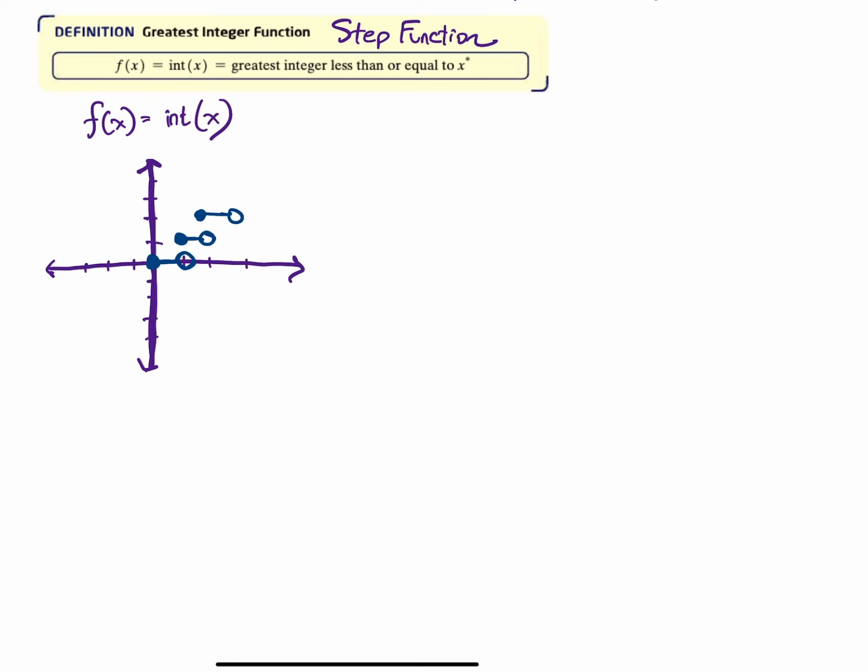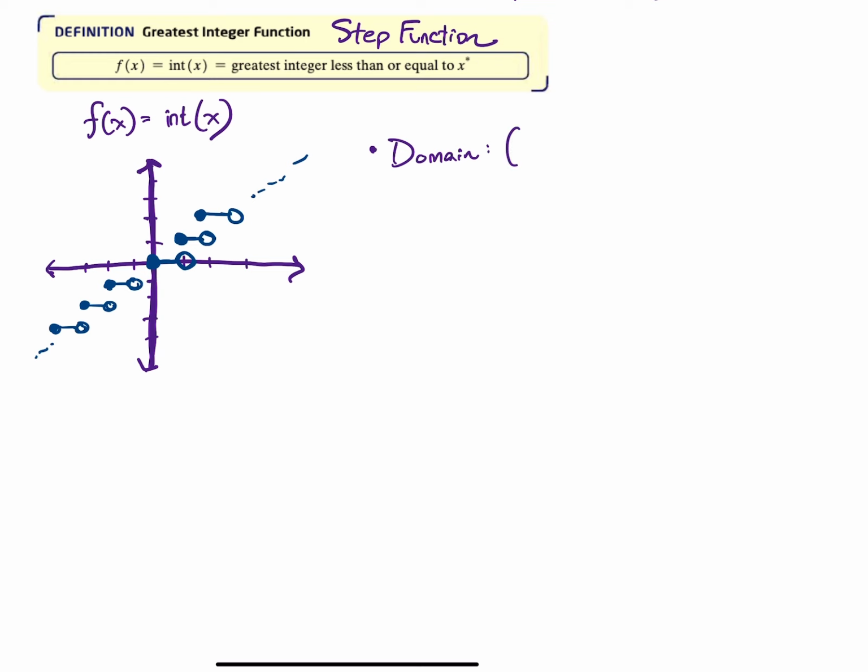And this will continue. And we can imagine the same kind of behavior here going in the other direction. So this is where it gets that step name. It's the step function. It looks like a bunch of steps, and this continues in both directions. So what an interesting function. What is its domain? Well, we can plug any value into here.